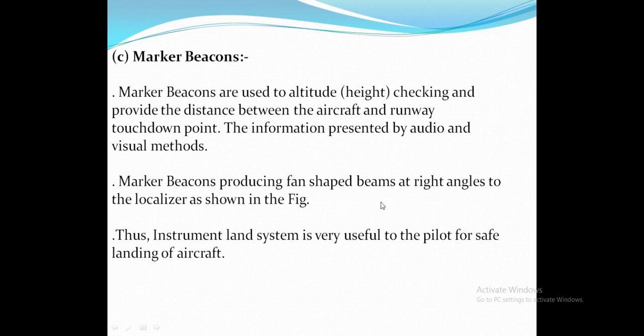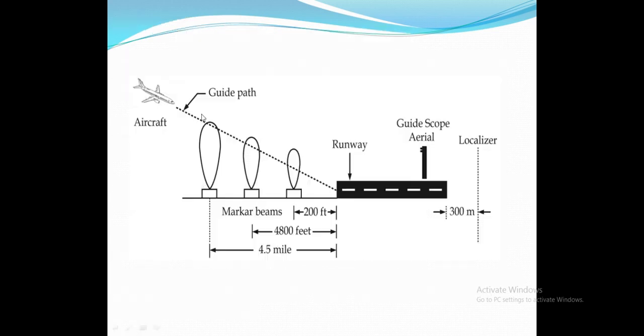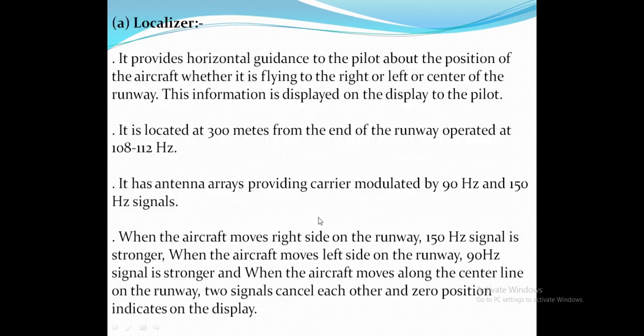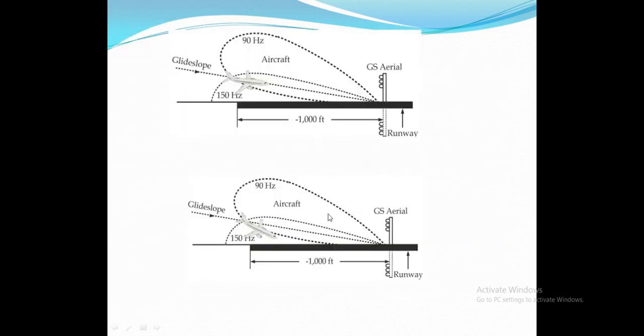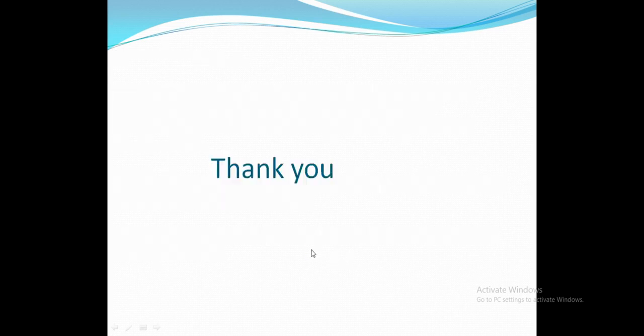These produce fan shaped beams at right angles to the localizer. Thus the instrument landing system is very useful to the pilot for safe landing of the aircraft.